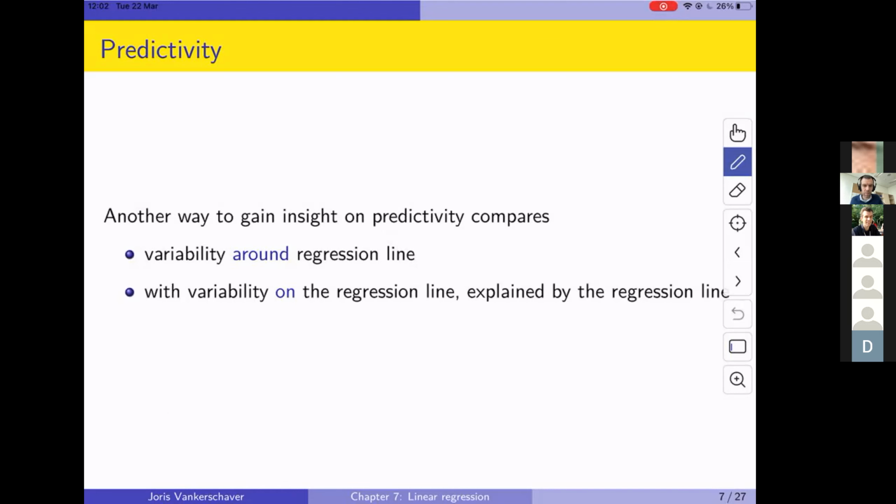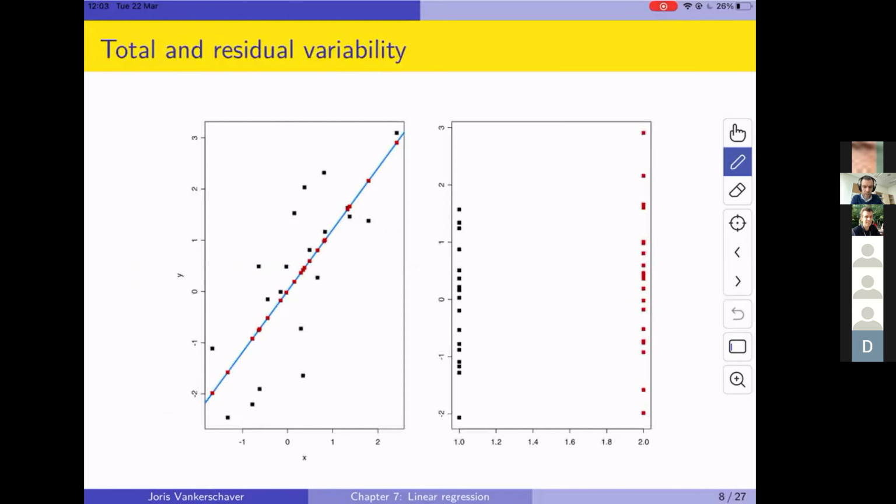What do I mean by that? Well, if we look at a regression line here, indicated in blue, and we have our data points indicated by the black squares, we can look at the corresponding predictions as given by the red squares on the line.